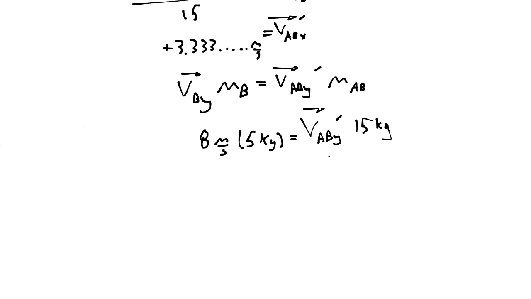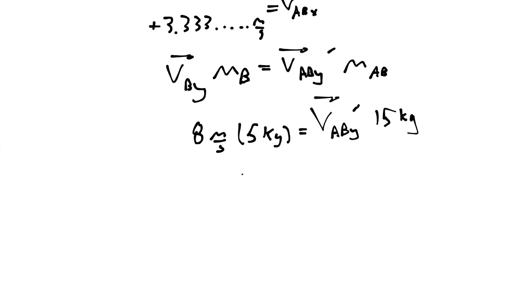So 8 meters a second times 5 kilograms equals 15 kilograms times the velocity of ABY. So you just divide by 15 kilograms on both sides here. This gets multiplied by 40, divide by 15, and you should get 2.66666. So 2.66, and then it goes on forever until it eventually hits 7.